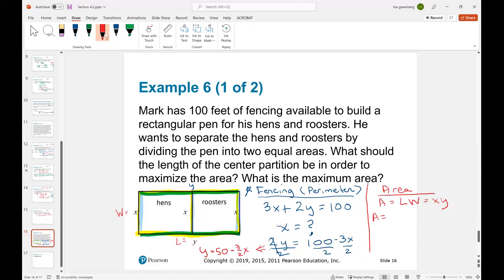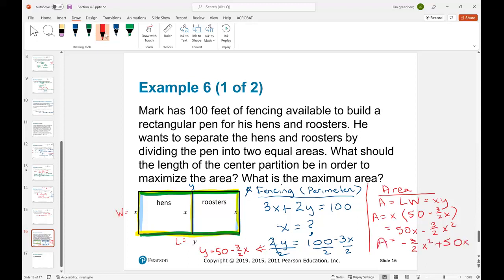Okay, that works. So now I know that the area is equal to x times y, but y is equal to 50 minus 3 halves x. And then let's distribute. We get 50x minus 3 halves x squared. And let's put it into standard form, minus 3 halves x squared plus 50x.